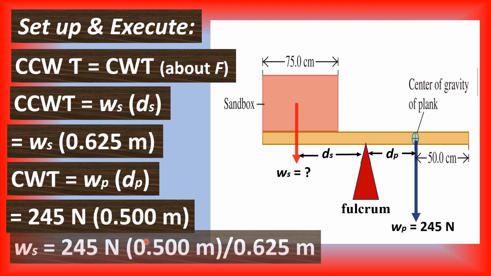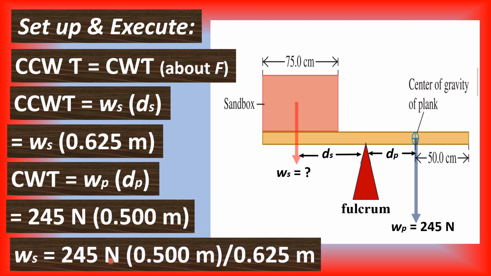So when we isolate the unknown variable W sub S, we will have 245 newtons multiplied by 0.500 meters to be divided by 0.625 meters. So doing our math, we will get the value for W sub S equal to 196 newtons.